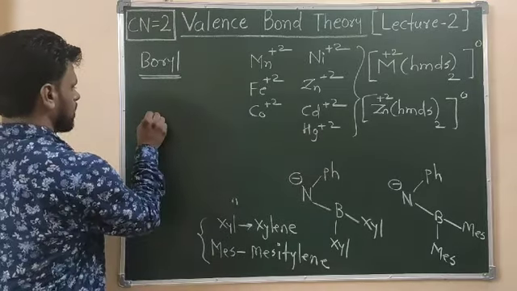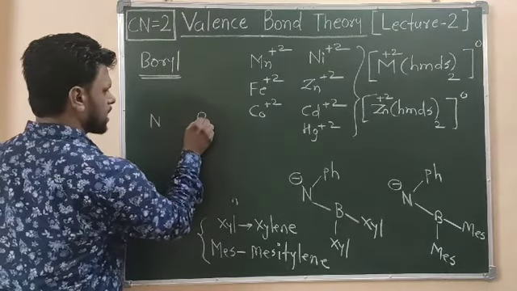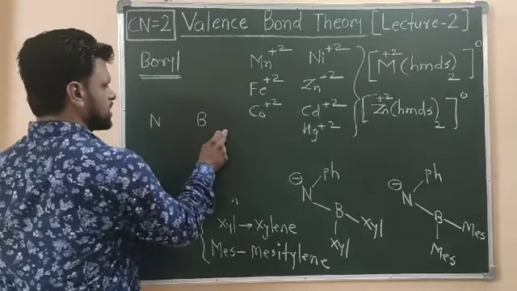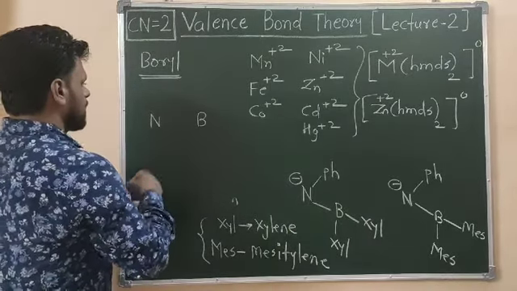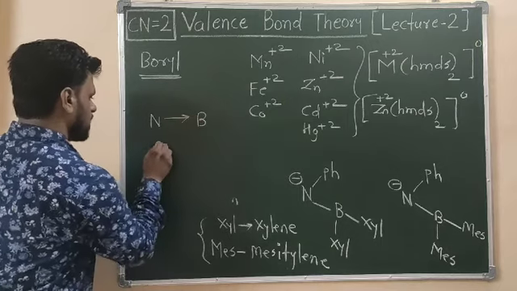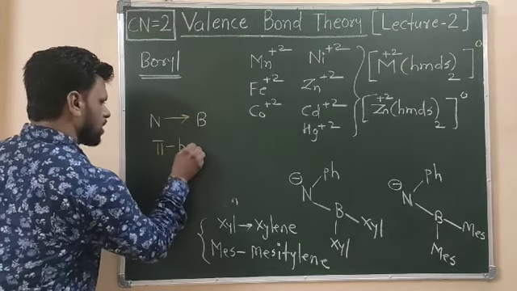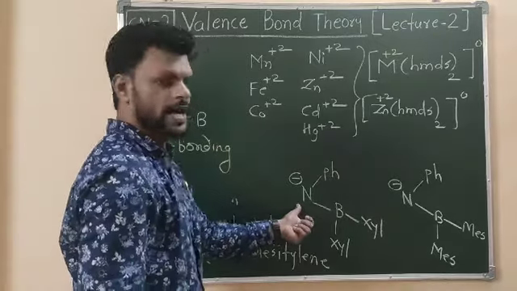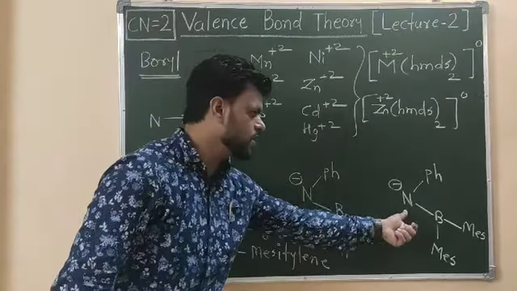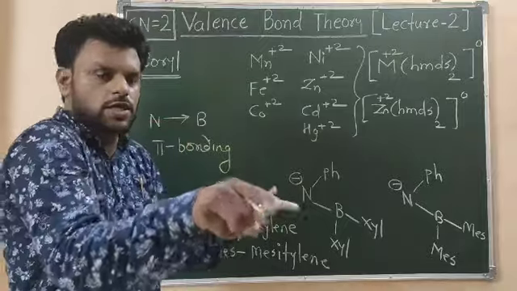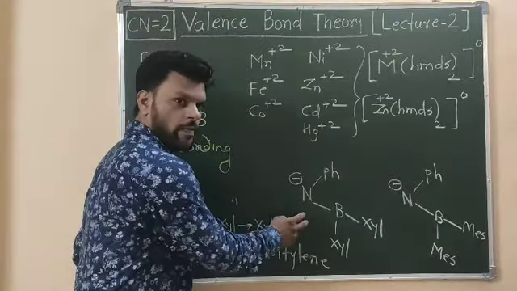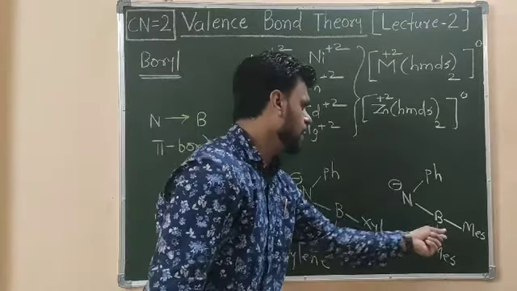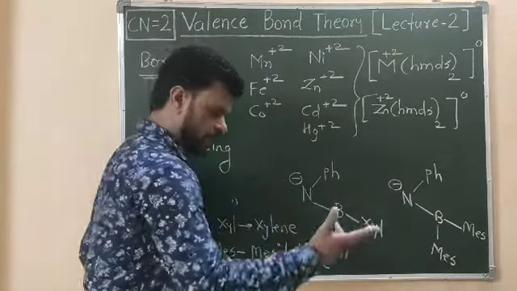So if you have a nitrogen and boron linkage, this boron will try to take electron density from the nitrogen via pi bonding, and hence this nitrogen is not going to form a bridge. So monomeric kinds of complexes we can get if you have a boryl kind of group at the nitrogen center.